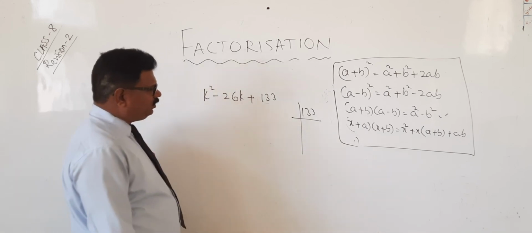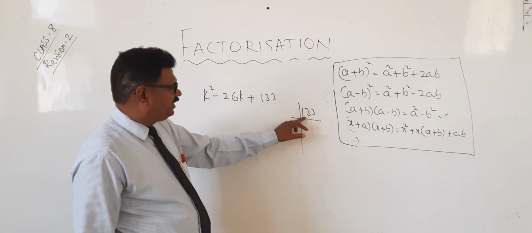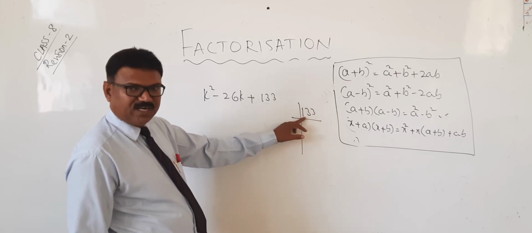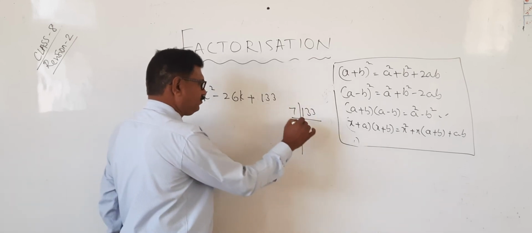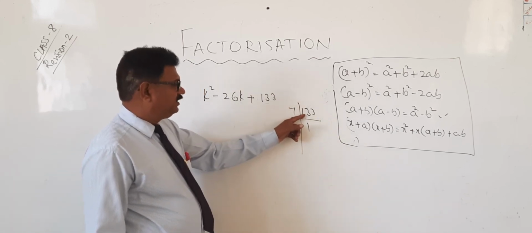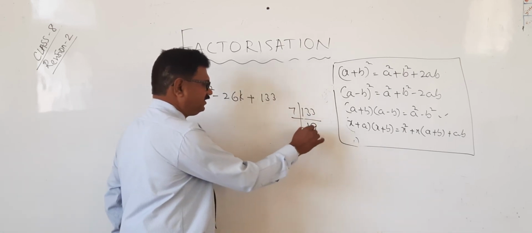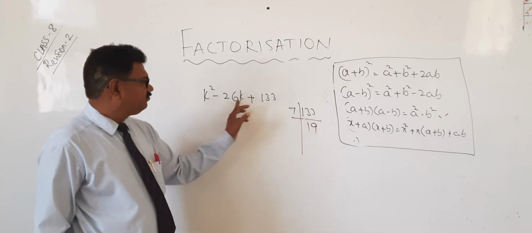If you take 2, it will not go. 3: 3 plus 3 is 6, plus 1 is 7, it will not go. With 5, no. With 7 we will see. 7 1 ja 7. 63. 7 9 is 63. That's all. So 19 plus 7, 26.